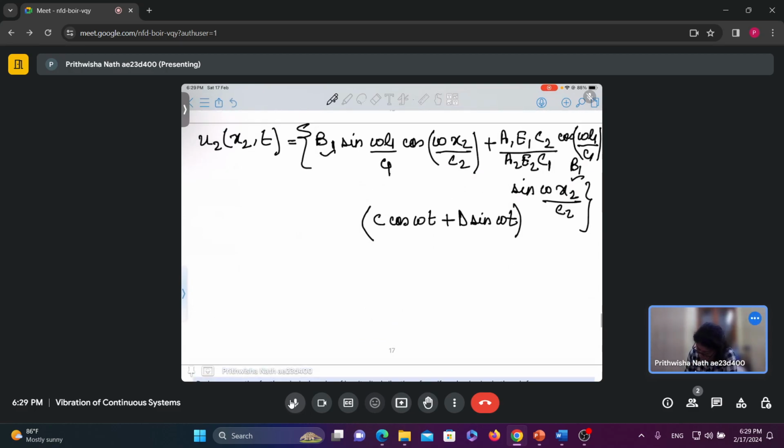Now I can take B1 common. So U(x2, t) becomes B1 tilde. I put this tilde to differentiate between the area A1 and A2. These are constants, B1 tilde.